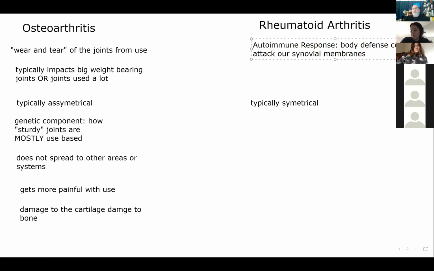They destroy the synovial membranes. When they destroy the synovial membranes, the amount of synovial fluid that is produced decreases. So notice this one is caused by damage to the synovial membrane.